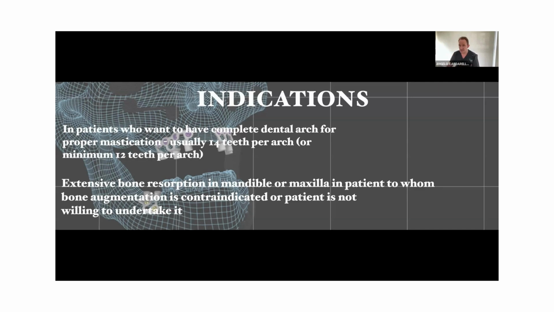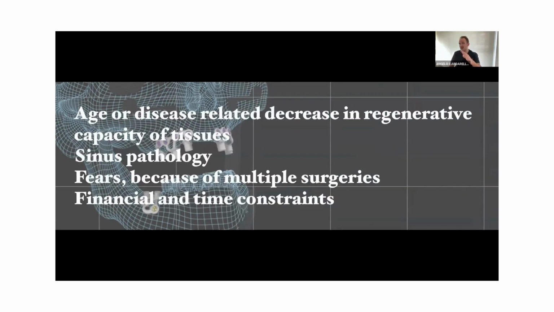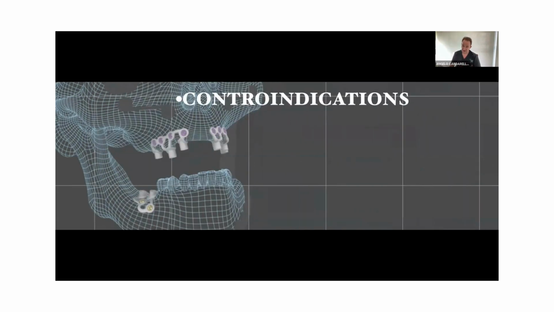Sometimes we need to cut the implants and to leave the apex in the zygomatic bone. Can you imagine the problem for our patient? So basically, all patients with some systemic disease in which we don't have any other alternatives.